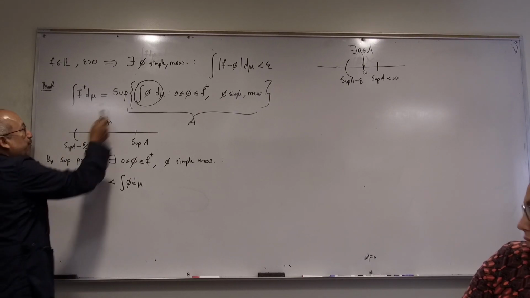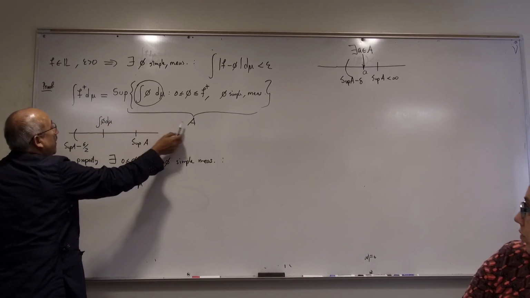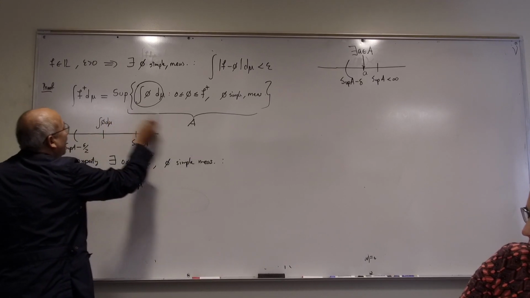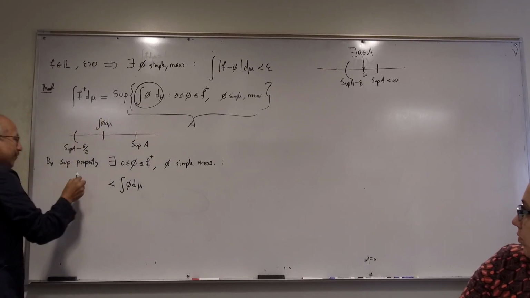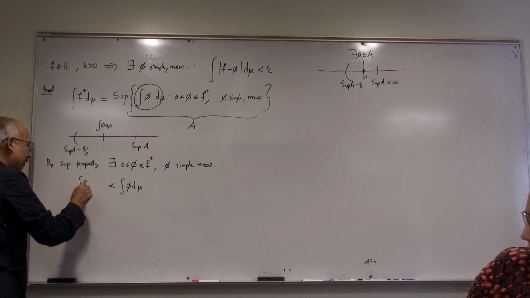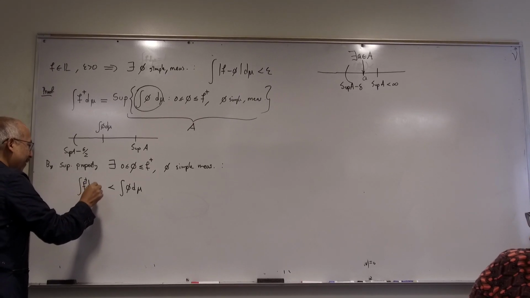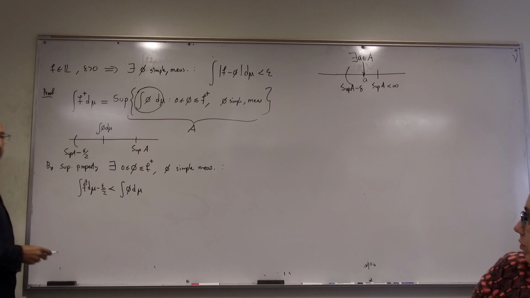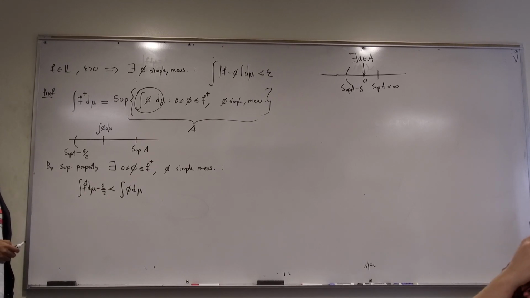But what is the supremum of A? The supremum of A is equal to the integral of f plus d mu. So it is greater than the integral of f plus d mu minus epsilon over 2. Do you guys agree?